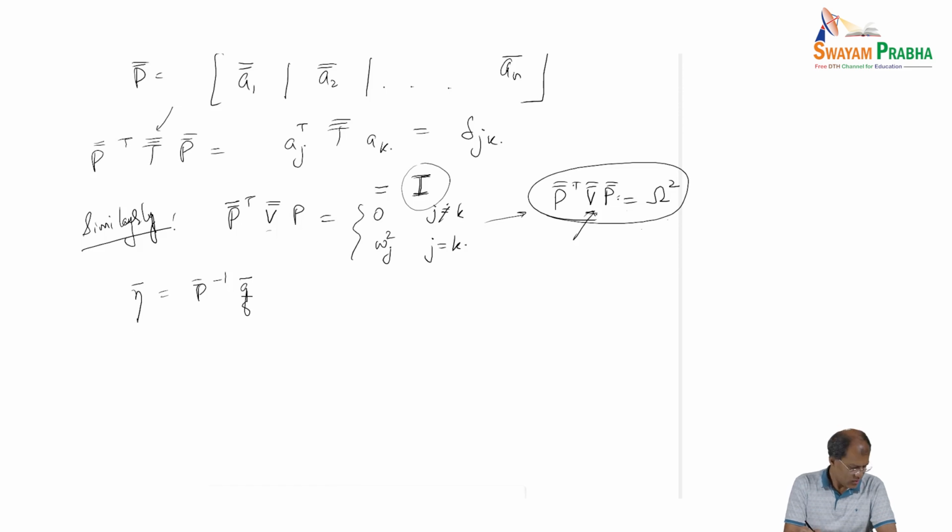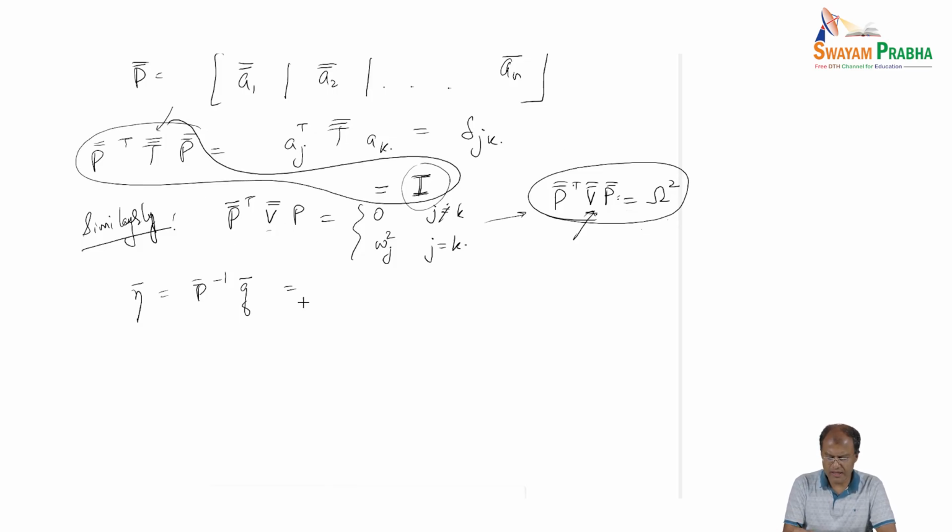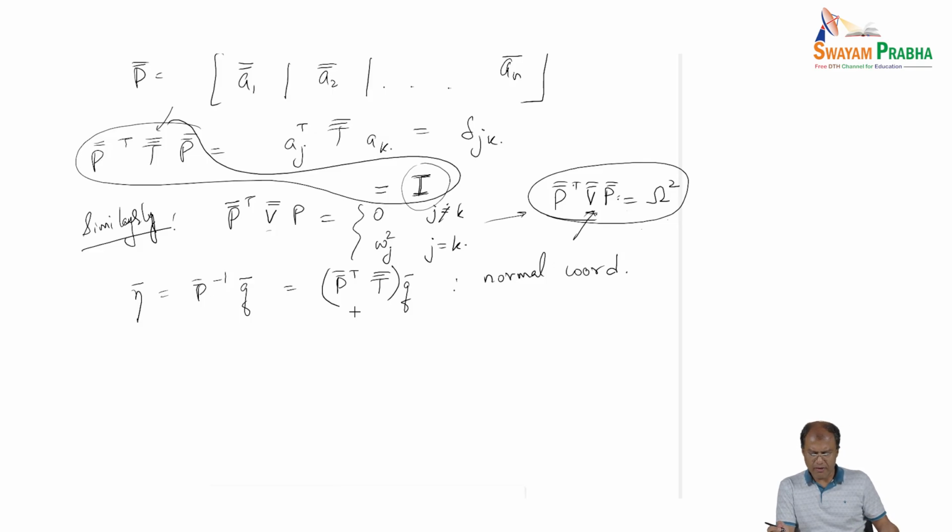And from this choice, the kinetic energy matrix is also equal to P transpose T Q. So eta is this, and these are our normal coordinates.